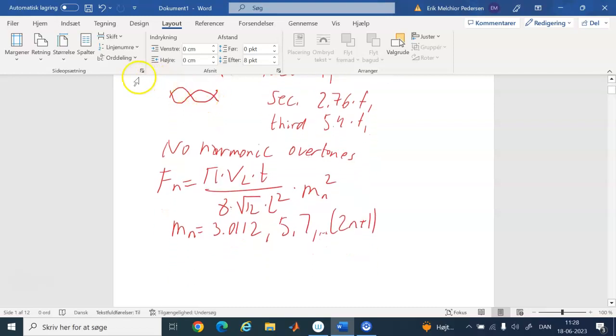So Fn is directly proportional to thickness, and it's inversely proportional to the length squared. Striking in the middle will reduce the second mode.